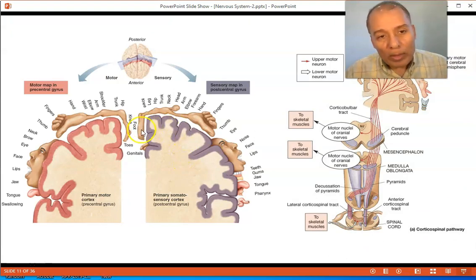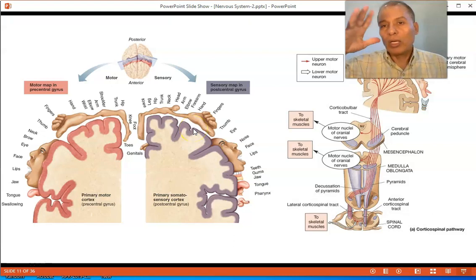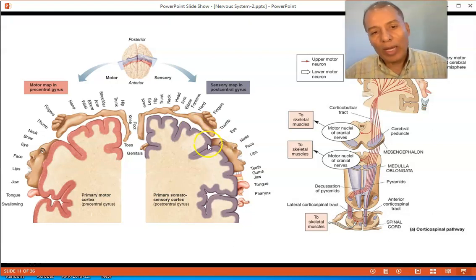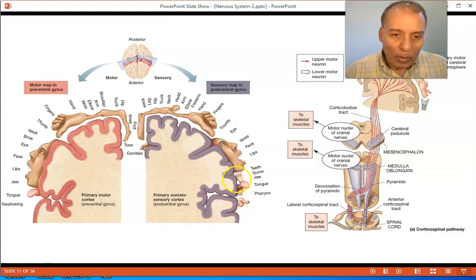This is the sensory homunculus in the same organization, and you go from the toes, foot, ankle, and then torso, and then chest, and then hand. The hand has a big representation because it really does. It's very important to our existence. And then you have the head, and the nose, the lips, and the mouth, and then the tongue, and all of these structures that have to do with speech.